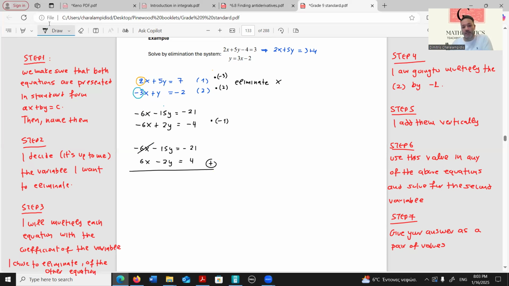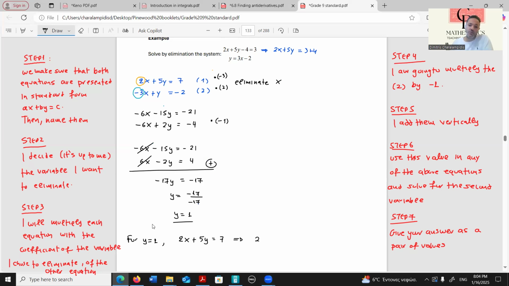-6x plus 6x cancel out. It's -17y. -21 plus 4 is -17, which means that y is -17 over -17, so y equals 1. Now that I have the value of y, I will substitute that anywhere. So let's do that on the first one: 2x plus 5y equals 7.